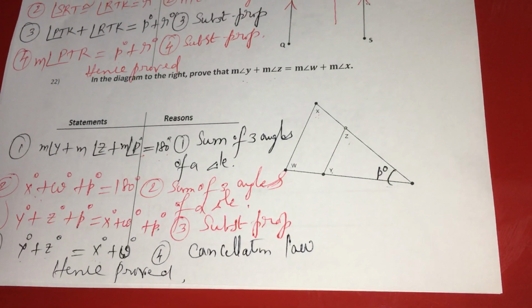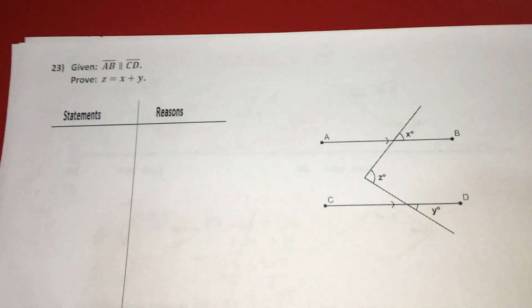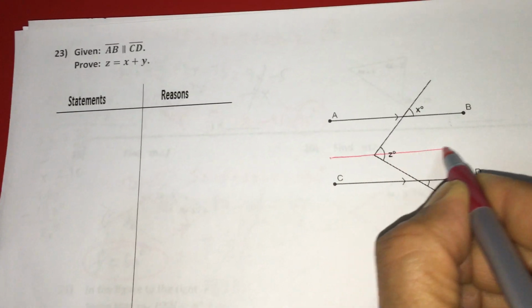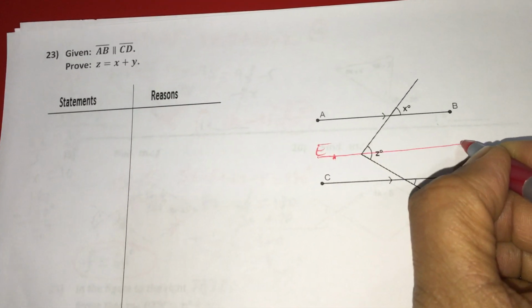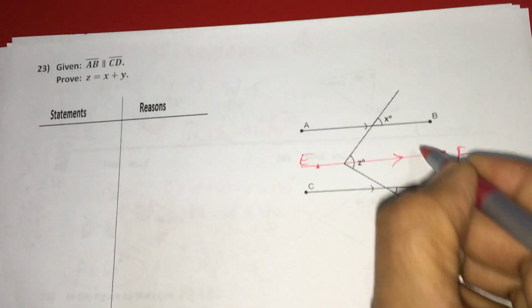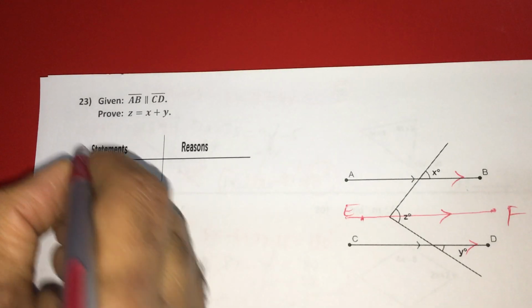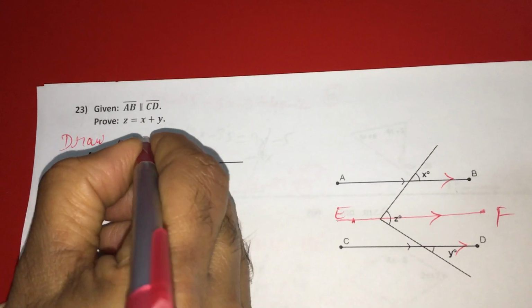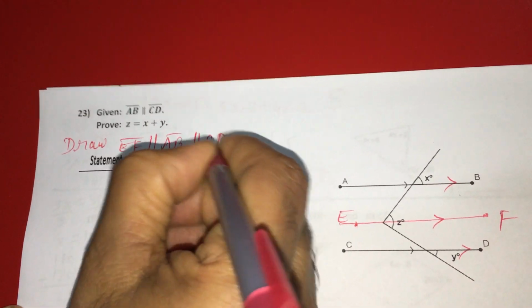And after this, we have the 23rd question. This is also the same type. So here I make a construction. I draw a parallel line EF, EF parallel to this AB and parallel to this CD.